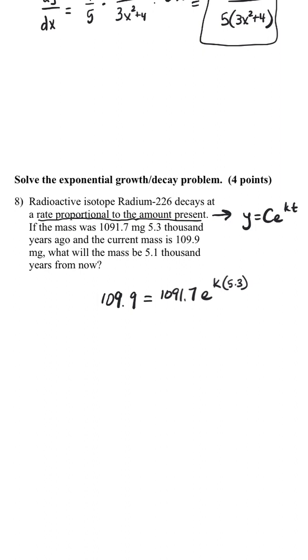So we solve this by getting k by itself. It's an exponent. You can't solve for a variable if it's an exponent, remember, so we cancel the base e using a natural log. But first, you have to get rid of that coefficient, so divide. Now we take natural log.